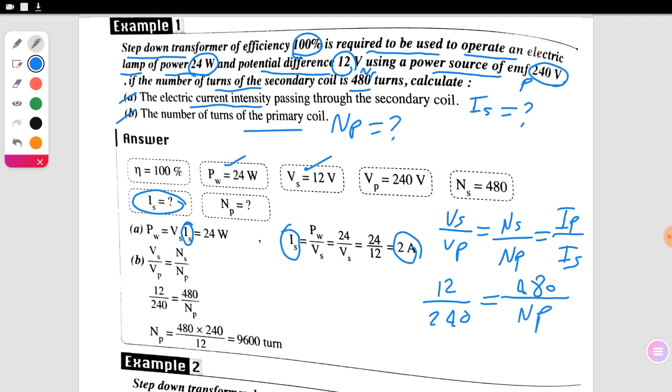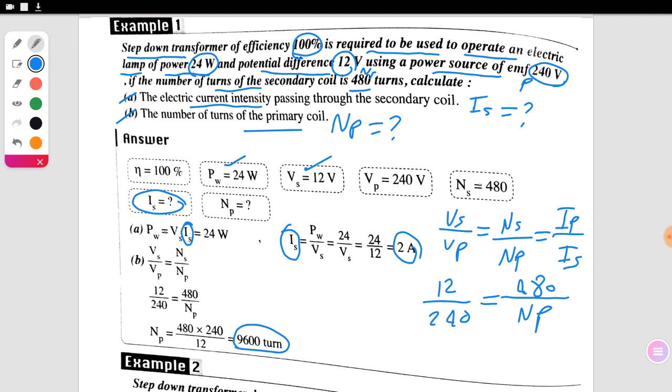Make cross multiplication to determine the value of the number of turns. We observe that the number of turns equals 9,600. This is the result of this problem.